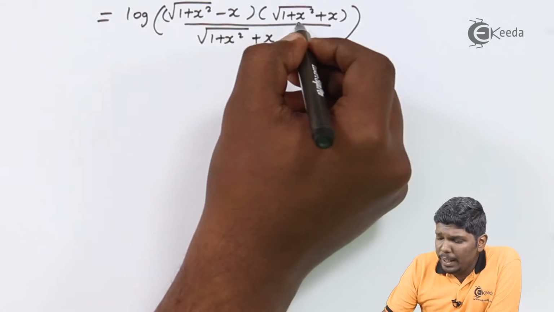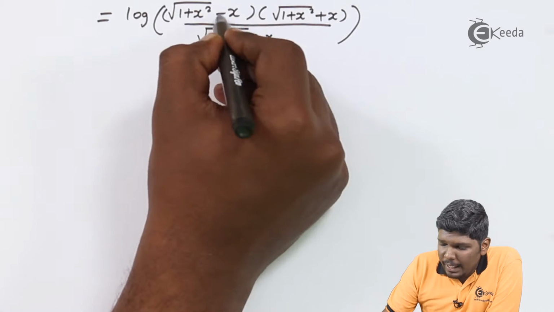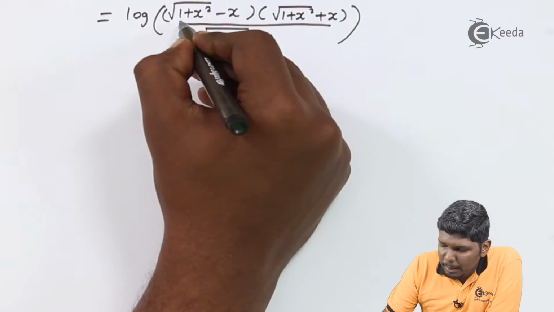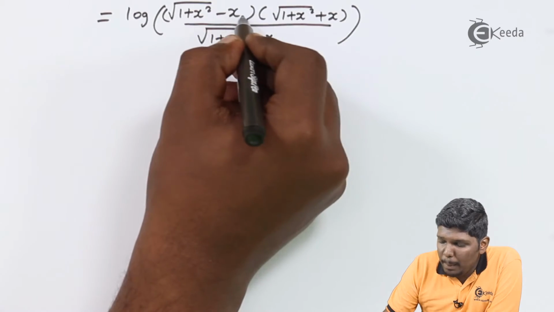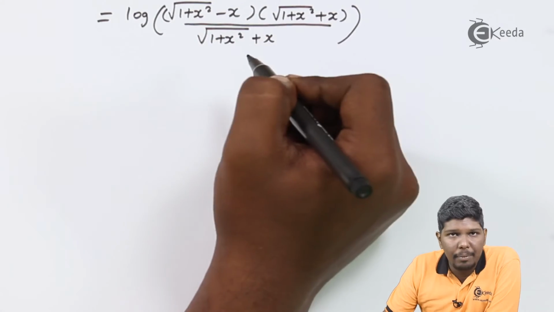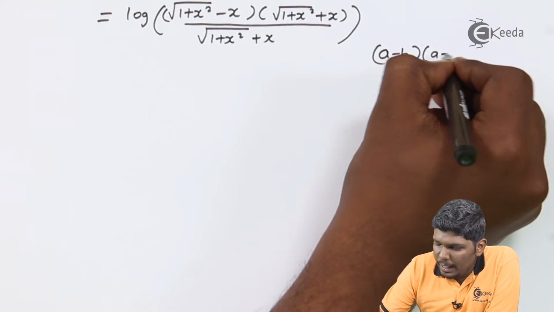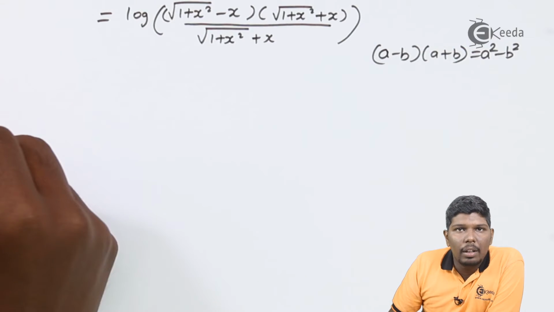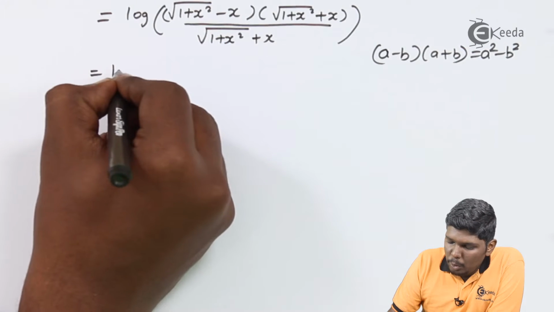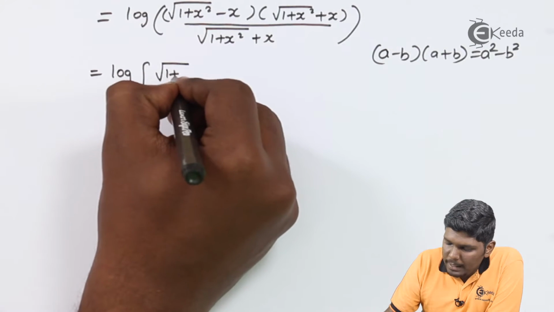If you see the numerator closely and consider the first term as a and the second term as b, the pattern will be a minus b into a plus b. And what is a minus b into a plus b? That is a square minus b square. So let us expand this. It is log of a square. What is a? Under root 1 plus x square.